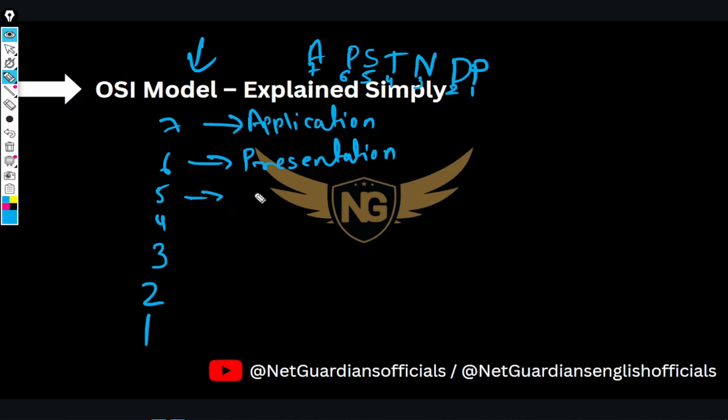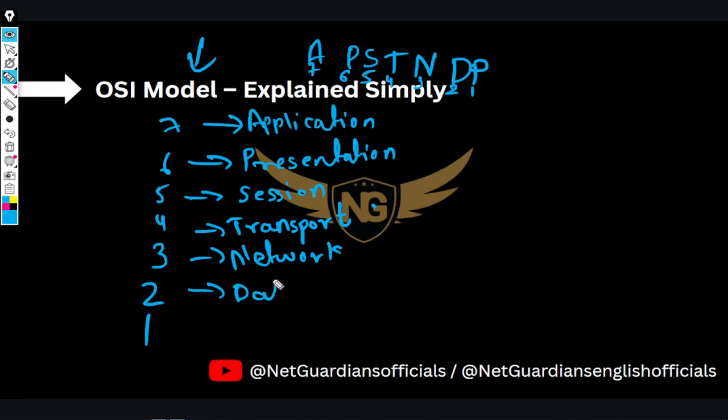S stands for session layer. Fourth is T for transport, N for network, D for data link, and P for physical.